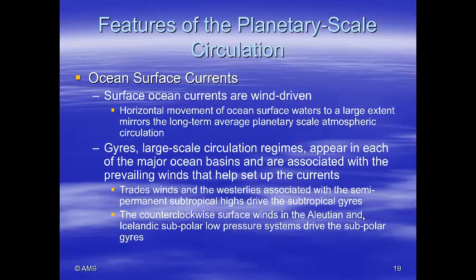So the trade winds and the westerlies, associated with the semi-permanent tropical highs, drive the subtropical gyres, which are these large circulation regimes. The counterclockwise surface winds in the Aleutian and the Icelandic subpolar low pressure systems drive the subpolar circulation.